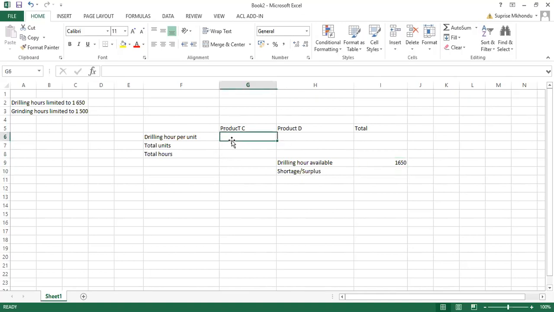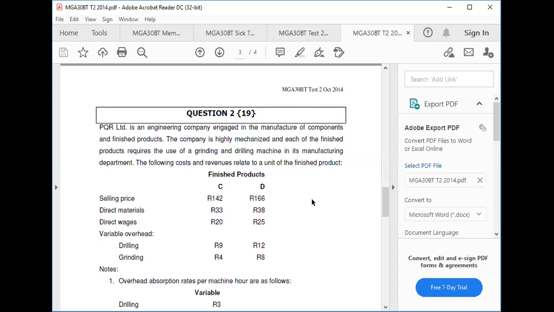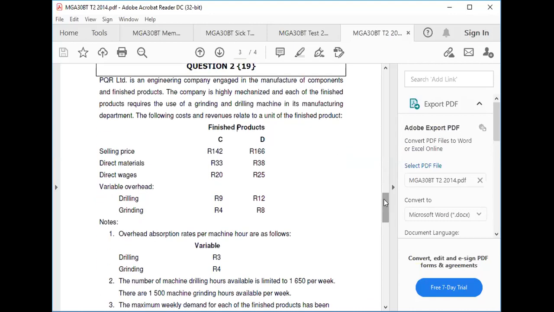So now for product C, guys, what is the drilling hour per unit? Did they give us? Let's see. It's 3. Where did you get 3?